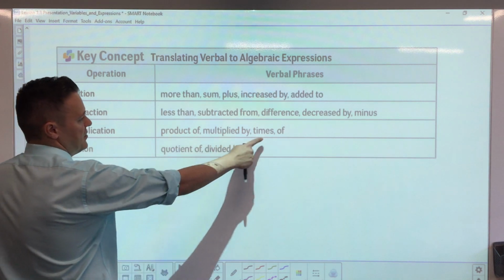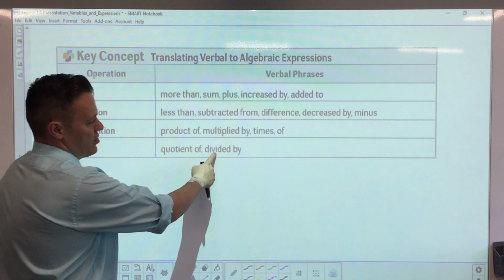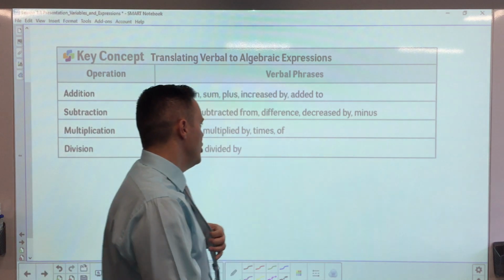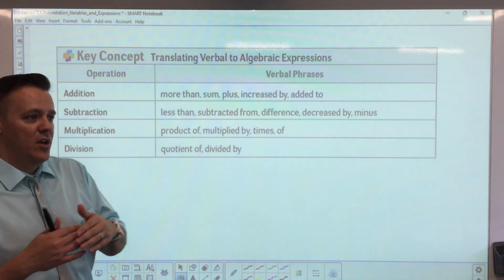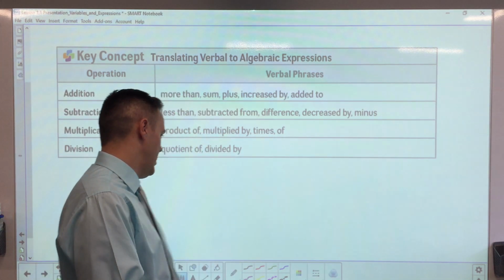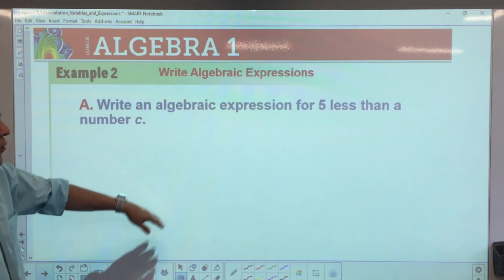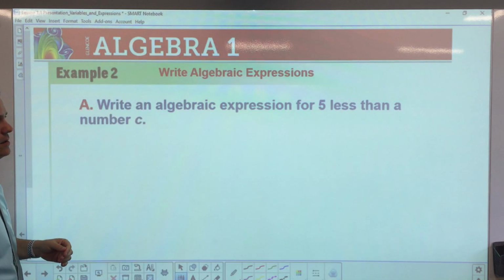Multiplication would be product of, times, multiplied by. Division is quotient or divided. Okay, quotient of, divided by. All right, you'll see that in vocabulary and word problems as we go now and the rest of your high school career. Okay. All right, so write an algebraic expression for 5 less than a number c.